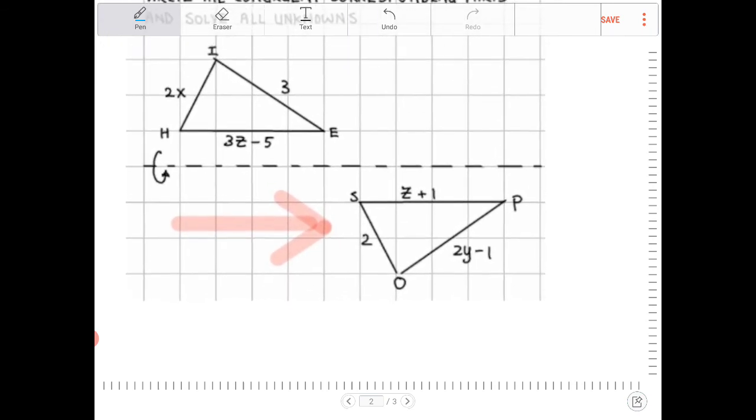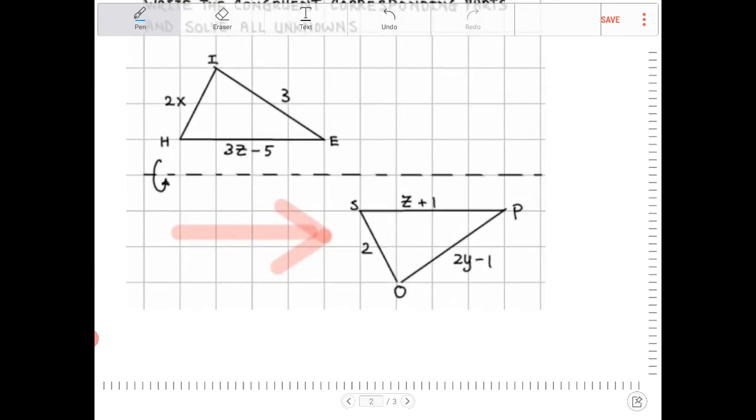Moving on. This is a glide reflection. So I can tell that triangle HIE corresponds with triangle SOP. So HI is 2x.